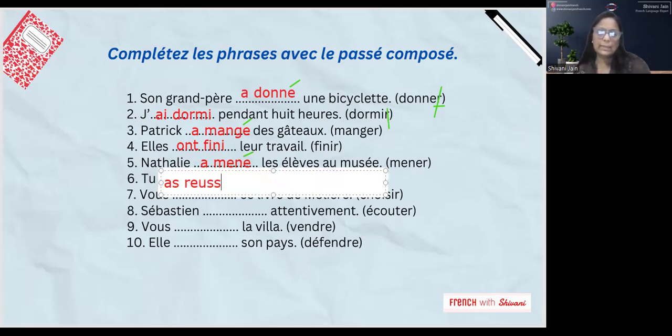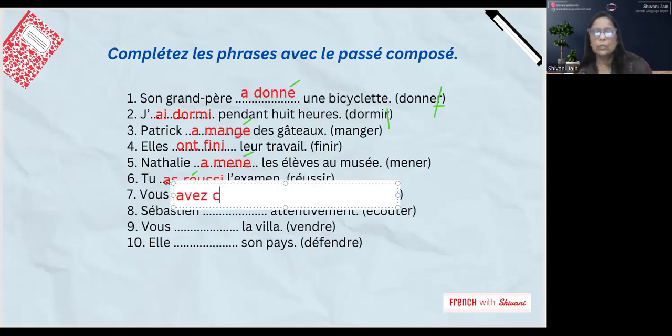J'ai un appel. Ok, je peux rater cet appel, pas grave. Tu as réussi. So you just cancel the R at the end. Vous, again, IR ending verb. Alors, vous avez choisi. You cancel the R at the end.